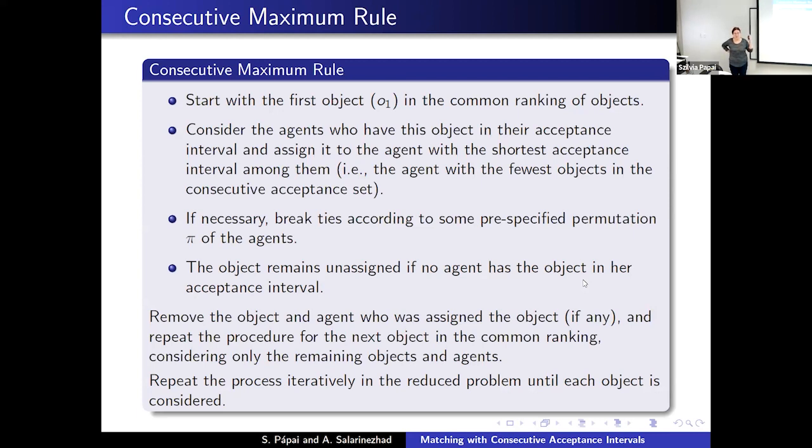Then we consider all the agents who have that object in their acceptance set, and we give it to the agent whose acceptance set contains the object and has the fewest number of objects. If we have more than one of these agents, with the same number of objects, then we break the ties according to some pre-specified permutation of the agents. And the object remains unassigned, clearly, if there is no agent who has the object in their acceptance interval. Now we remove this object and agent, and then we repeat with the next object in the common ranking, and so on.